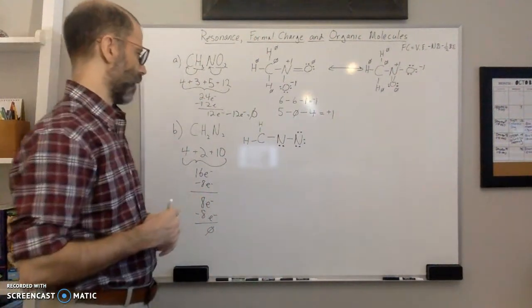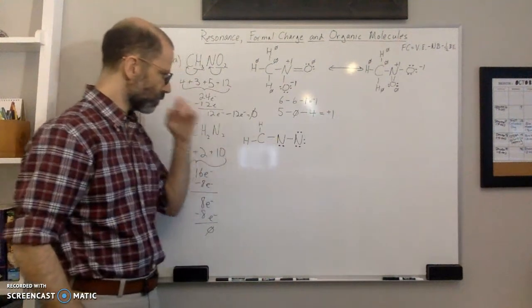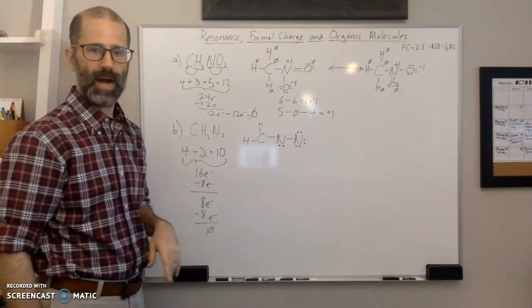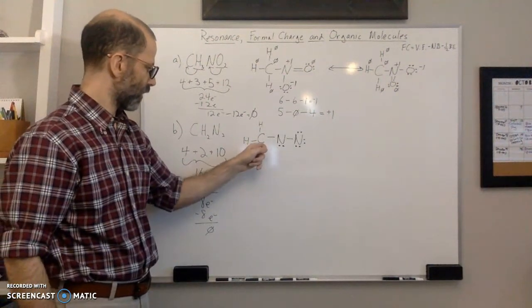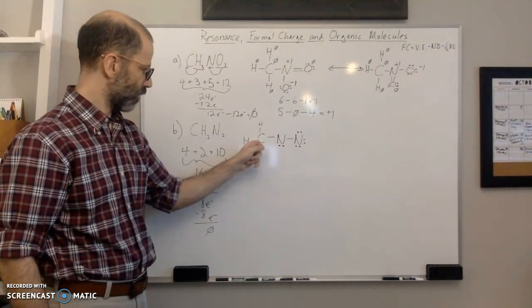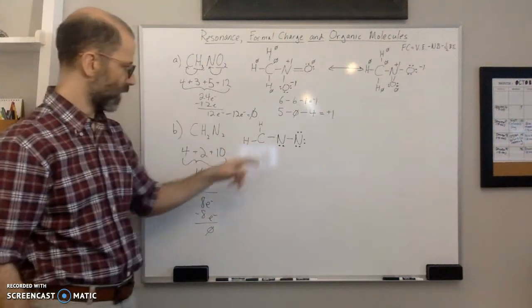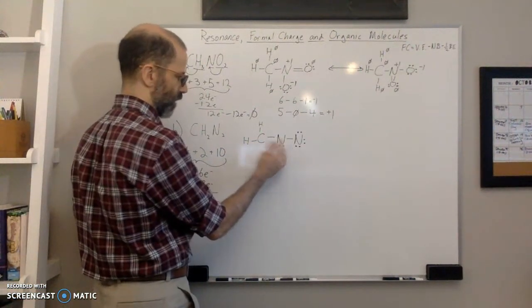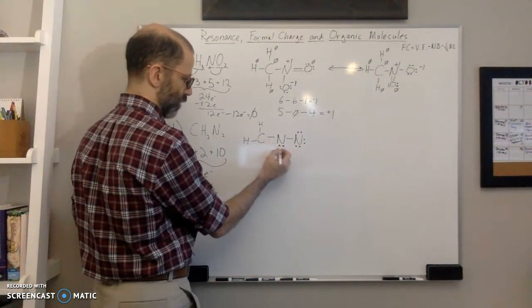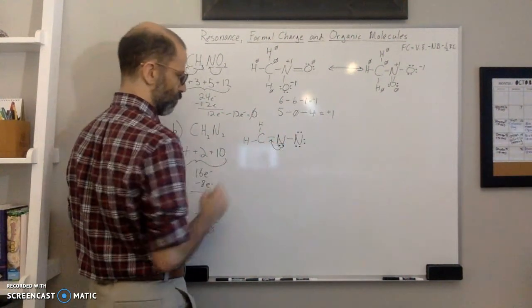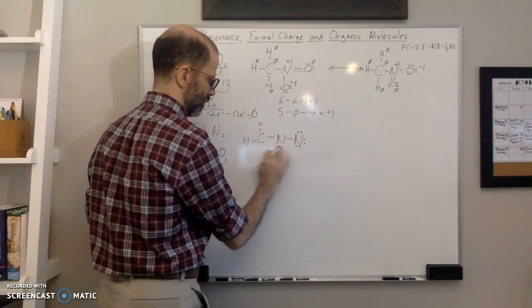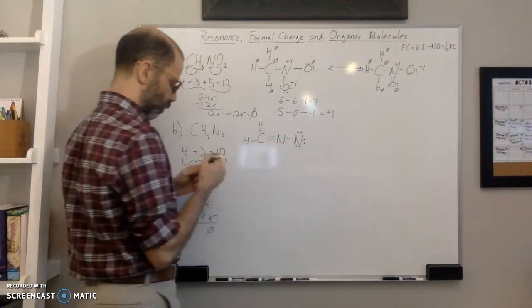So now it's a matter of checking to make sure we have our octets. So here we need an octet for carbon. Carbon wants to have 4 bonds. So we're going to have to move these electrons to make a double bond here. So we're going to take these and move them there to make a double bond. So let's erase this, and we'll have a double bond there.